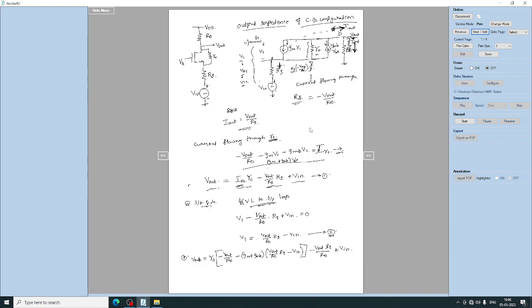So now we have the expression all in terms of V in and V out. So we are finding out what is the gain for this.